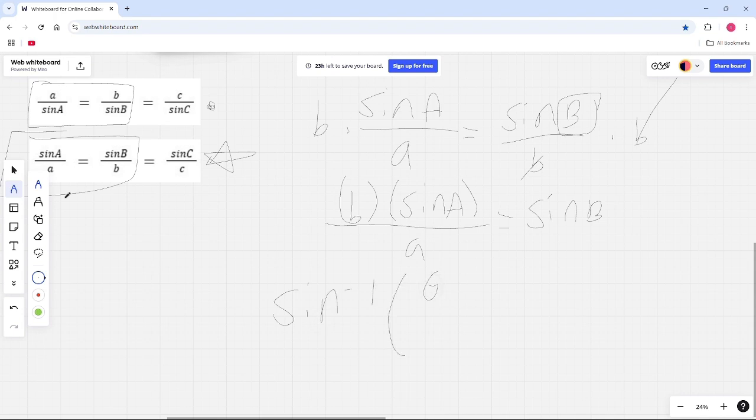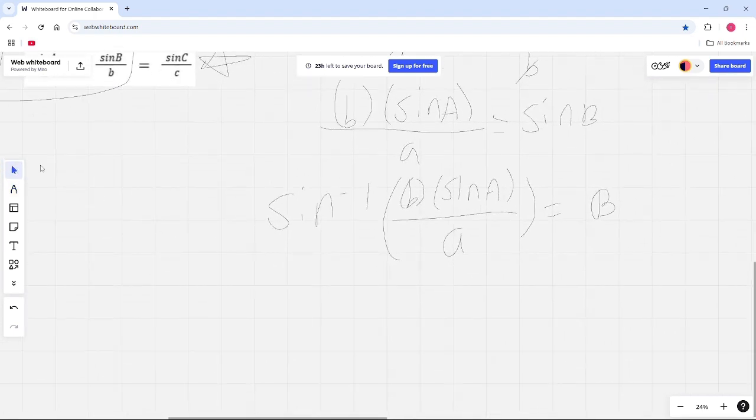So B times sine A over side length A is equal to angle B.